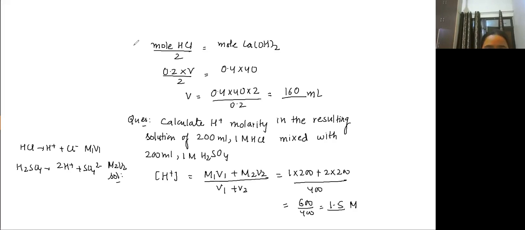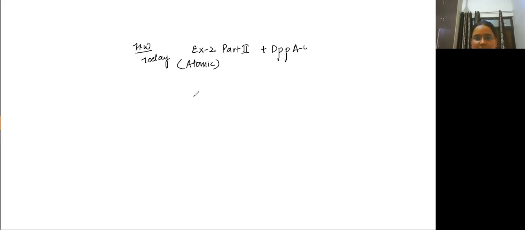Now, for today, homework is atomic structure exercise 2 part 2 doubts you will ask, or any other doubt in atomic structure. Along with this, we'll discuss DPP A4.